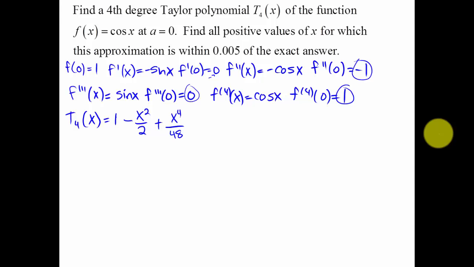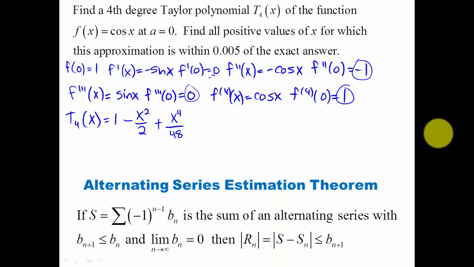Now we want to find all positive values of x for which this approximation is within 0.005 of the exact answer. In order to do that, we are going to use the alternating series estimation theorem.